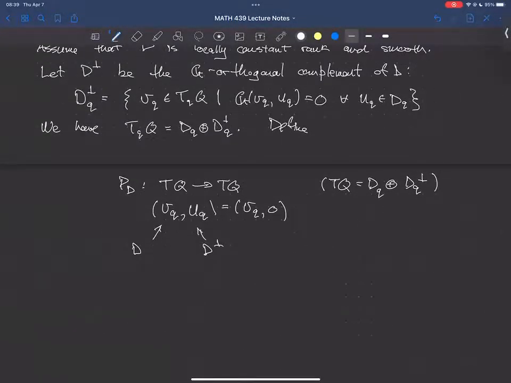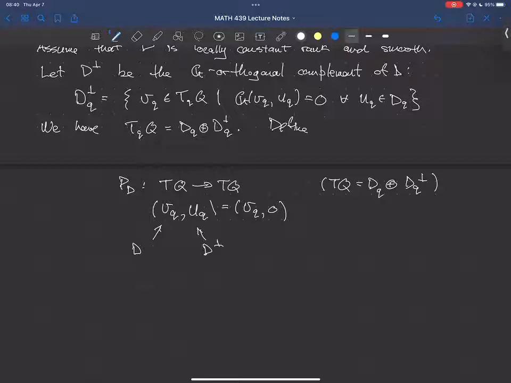So I've written this down so it looks really simple, but the fact is this is not necessarily just a clean, simple, easy thing to do, because what do you have to do? You have to find a set of basis vector fields around every point in Q, that the first of them span D, and then the rest of them span D perp. Right, so there's already going to be some complicated change of basis formula going on there.